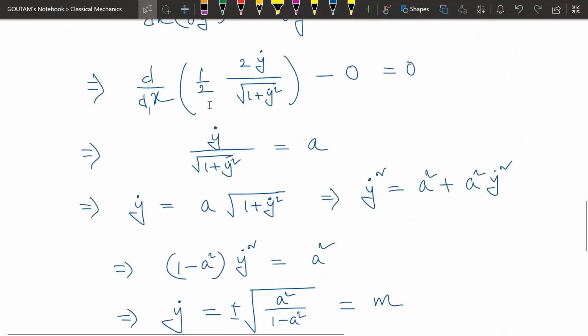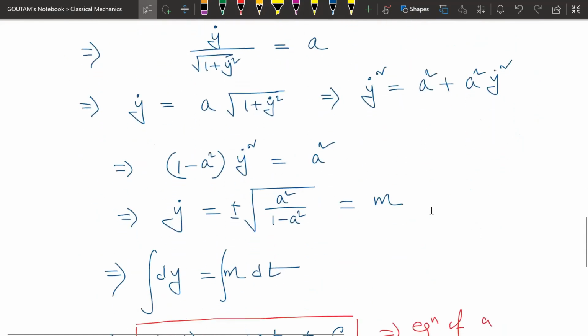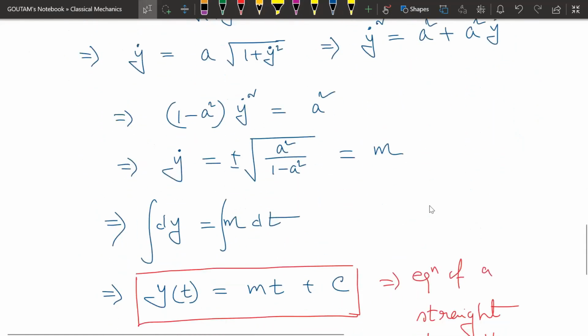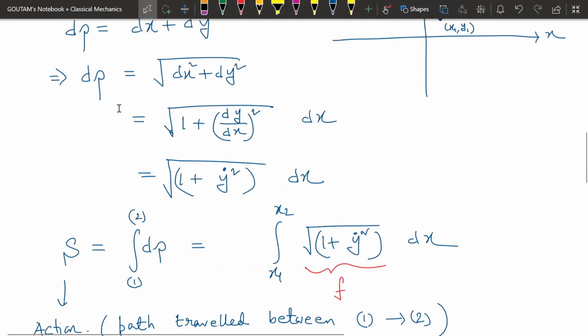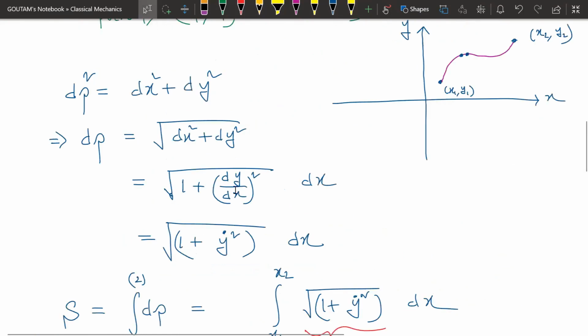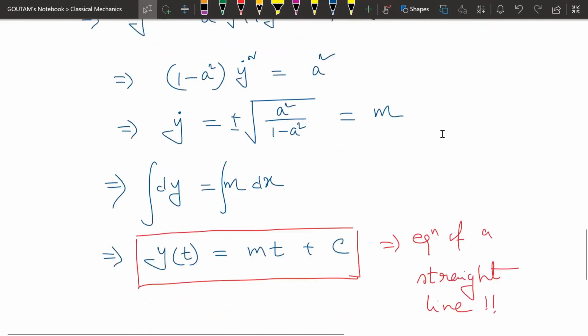Yes. So d/dx of this term is 0, then this term will be a constant. Here ẏ equals to m, so dy means m dx, because ẏ is dy/dx here. This term we defined as ẏ, so this is dy/dx.